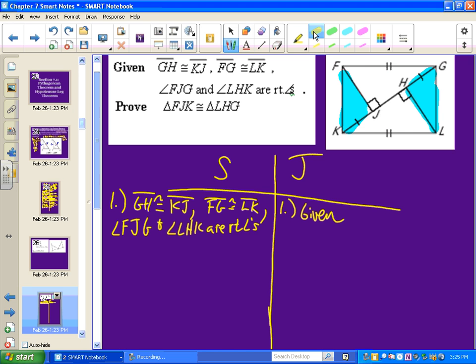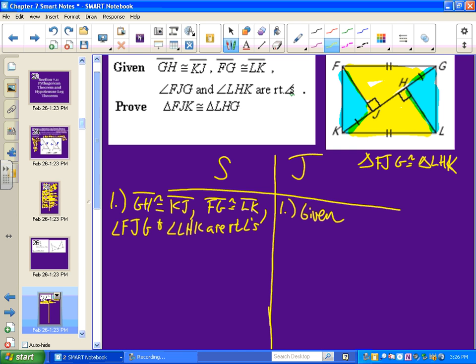And that is triangle FJG and triangle KHL. I think we can get those to be congruent by hypotenuse leg. So what I'm proposing, so that we're all on the same page, is we get triangle FJG congruent to triangle LHK.